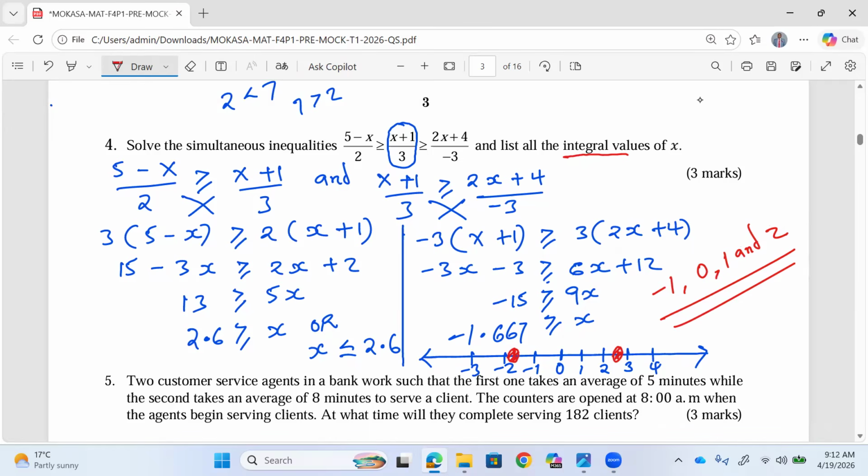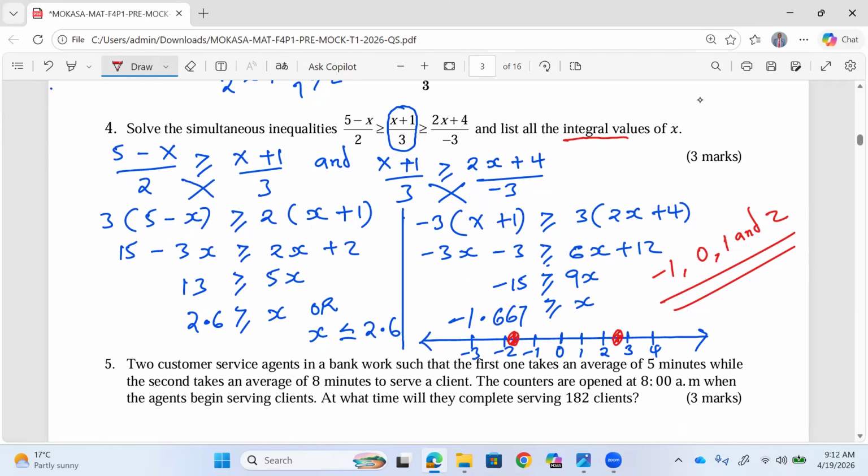So the inclusiveness of these limits doesn't make them integral values. When stating integral values, you can't have 2 point something, you can't have negative 1 point anything. It is strictly the integral values in between those limits.